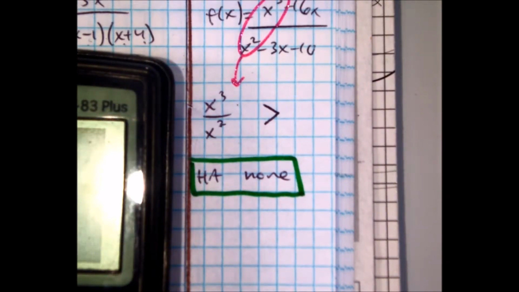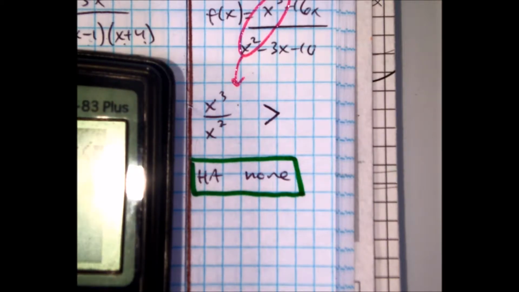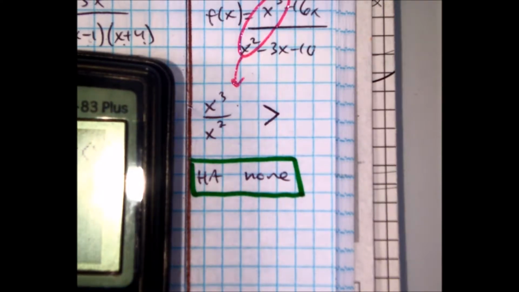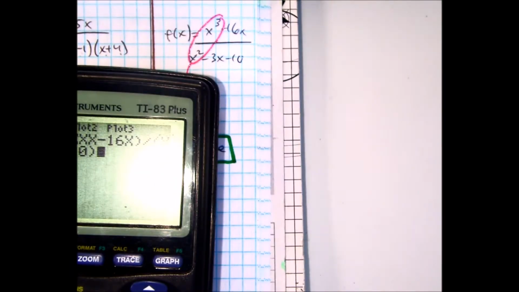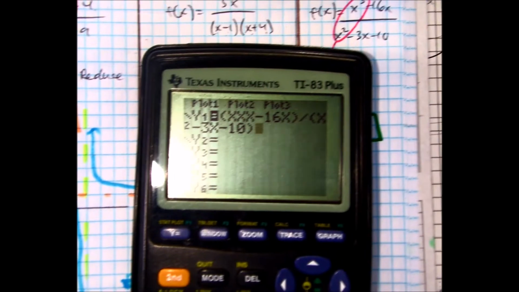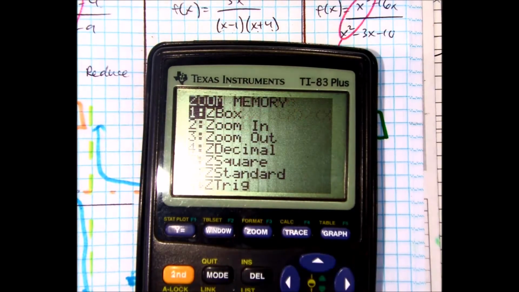X to the third minus 16x divided by x squared minus 3x minus 10. Zoom 6.